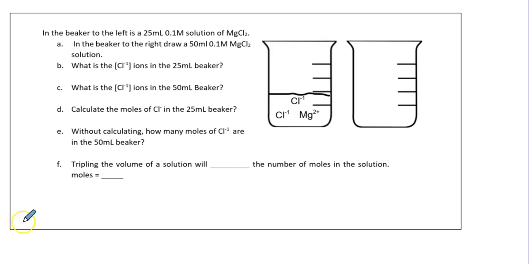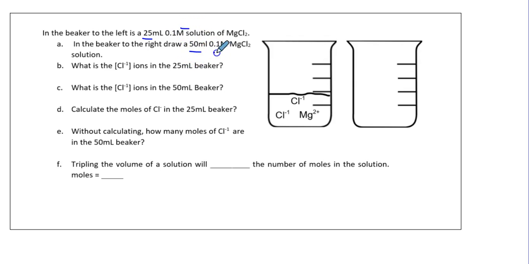Alright, so last one here before we shut down this first half of this page. Go ahead and try it on your own. Alright, so pause the video. You should work your way through all of this. In the beaker to the right, draw 50 milliliters. Okay, so 50 milliliters. Now, here at 25, I went to 50.